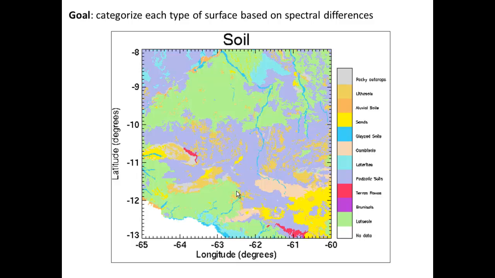And of course, that's more useful for users. We're basically making a map showing the user what type of surface each pixel is. A great example is a soil map. We might have sandy soils or laterite soils, and we can reinterpret our Landsat image to break out and assign each pixel into a soil category. That would be the process of classification.